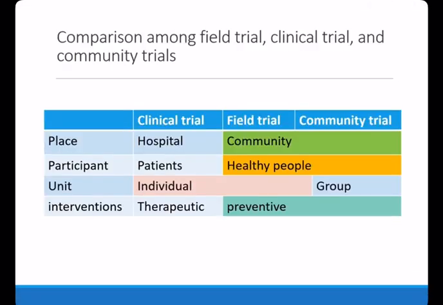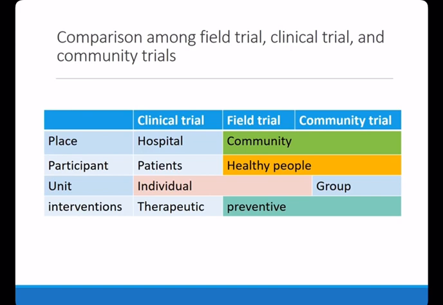In this slide, we show the comparison between field trial, clinical trial, and community trial. It's clear that clinical trials take place in the hospital, while field trials and community trials take place in the communities. The participants for clinical trials are mainly patients, while participants for field trials and community trials are healthy people.